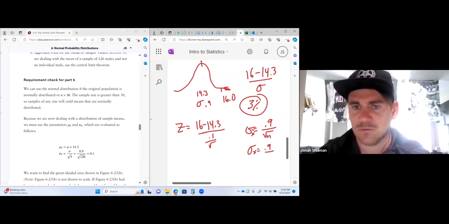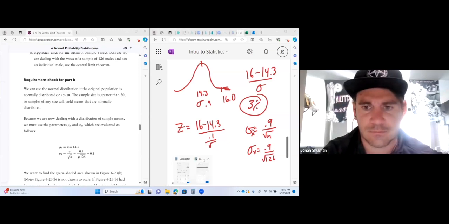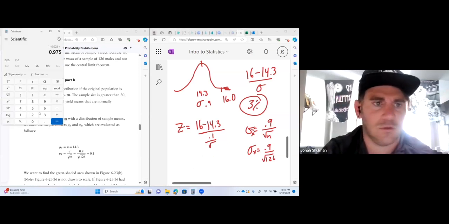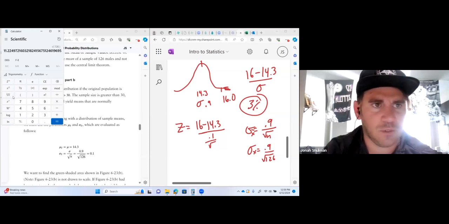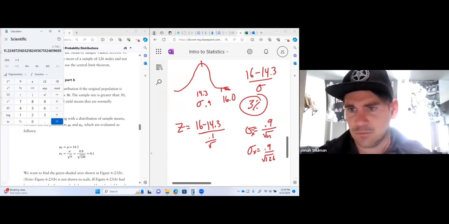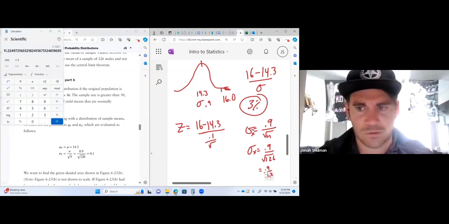So divided by the square root of n, which is the square root of 126. 126, we want the square root of that. It's 11.22. So it's 0.9 over 11.22.